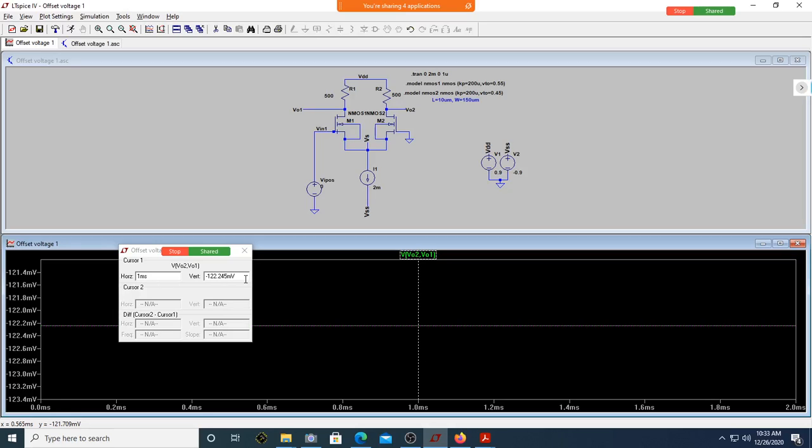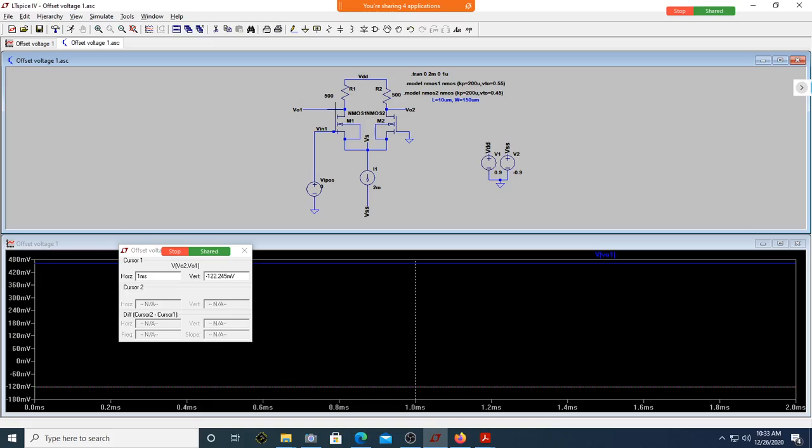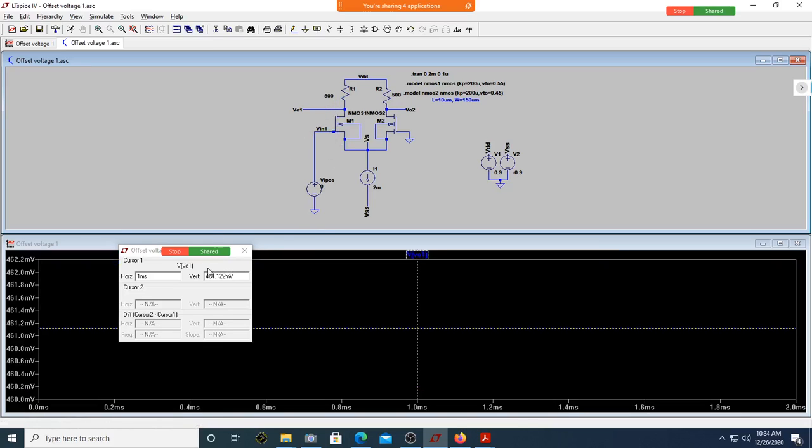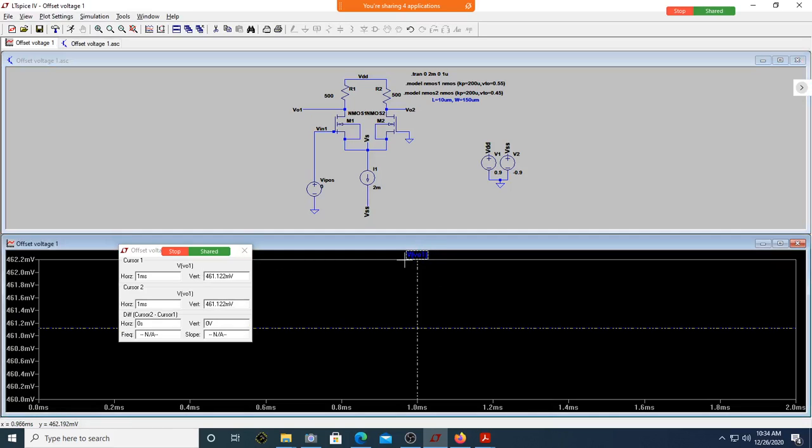VD1 is VDD minus ID1 RD, VD2 is VDD minus ID2 RD. Let me see from here how much is VD1. One of the values is 461 millivolt.